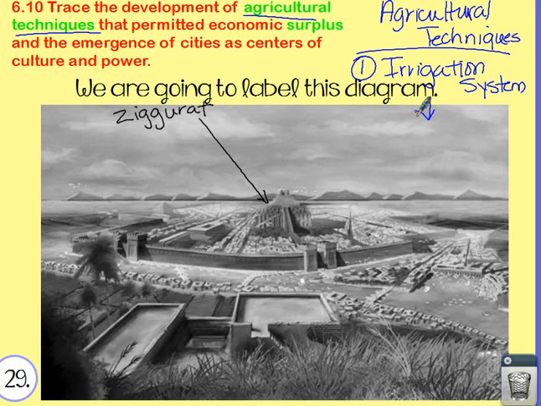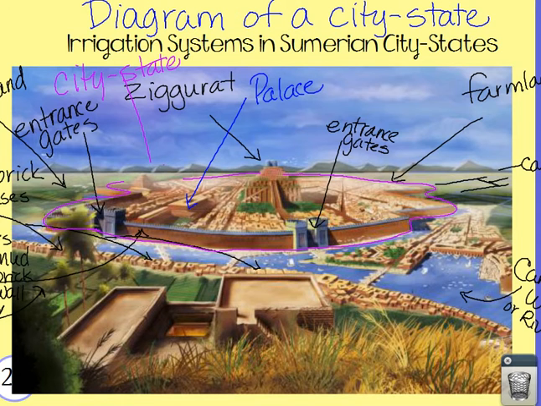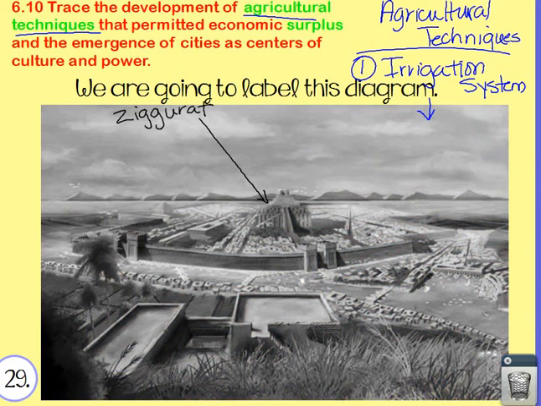Something to do with the water, not sailing on the water. What are you going to use to water your crops? Water. How are you going to get it there? We just labeled one. A canal. All right, so one type of irrigation system is a canal. Know another one?